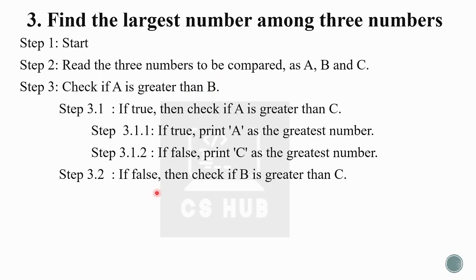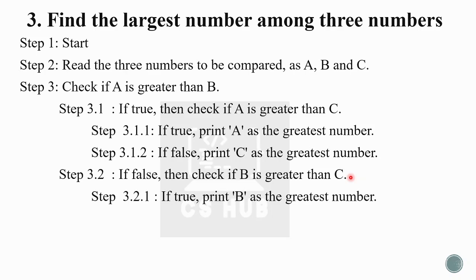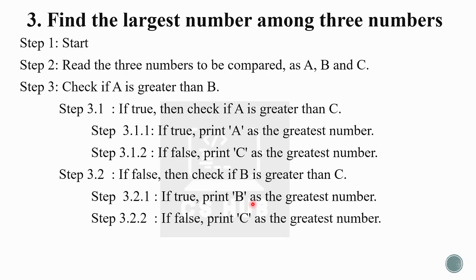Then substep 3.2.1: if B is greater than C, then print B as the greatest number. If false, print C as the greatest number.